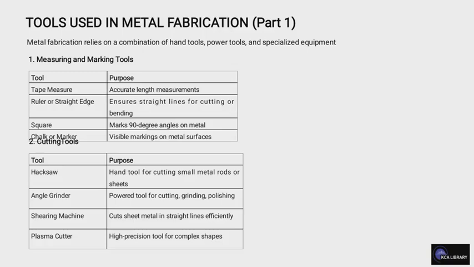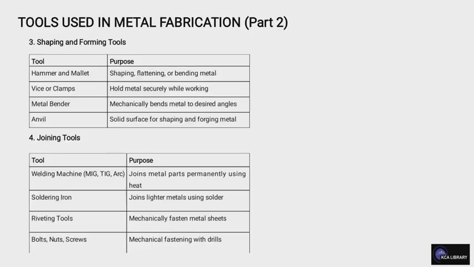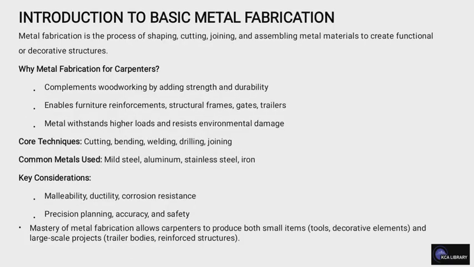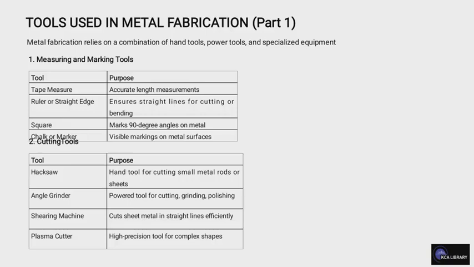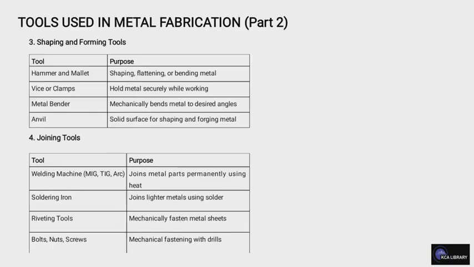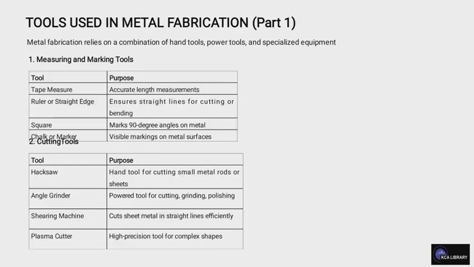The tools used in metal fabrication are divided into measuring and marking tools, cutting tools, shaping tools, joining tools, finishing tools, and also safety tools. Now, let's go back to the measuring and marking tools.